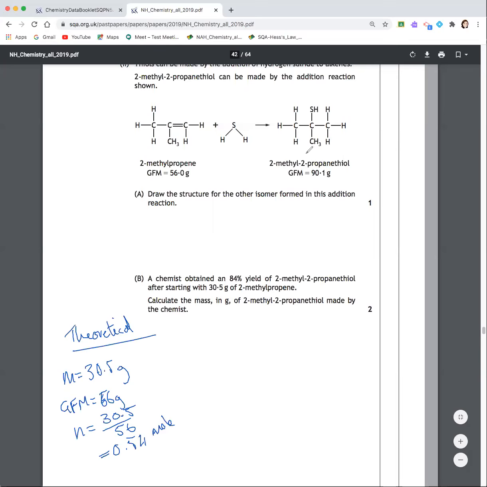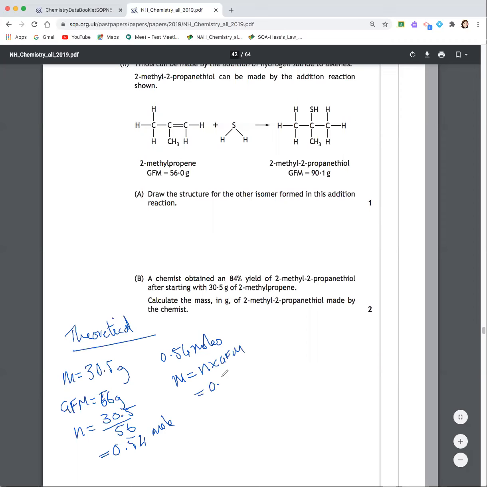Okay. Then we look at the ratio, so it's a 1-to-1 ratio, which means we would make 0.54 moles of the product, which if we then convert that into a mass, which we need for this percentage yield equation, we would have the number of moles times the gram formula mass.